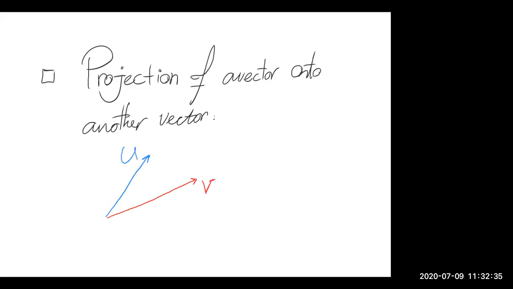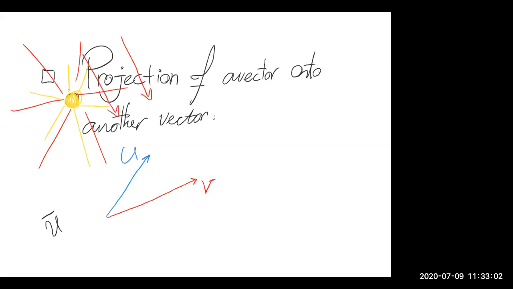Now you can consider this new vector. Let's show it with u bar. Suppose there is a sun here in the sky. It would look something like this. So the light would be coming towards our vectors like this.